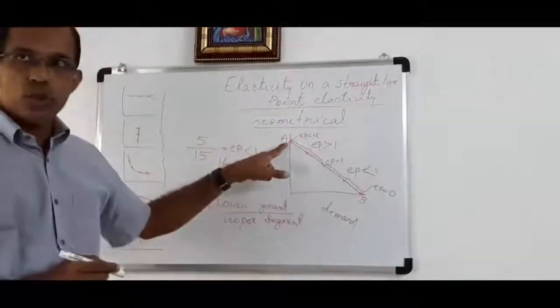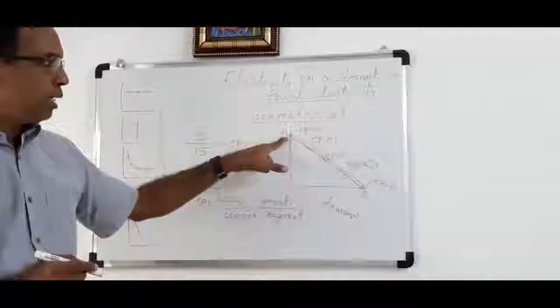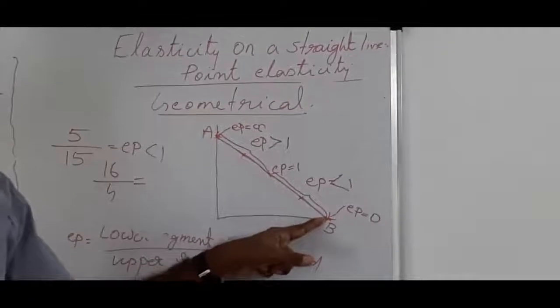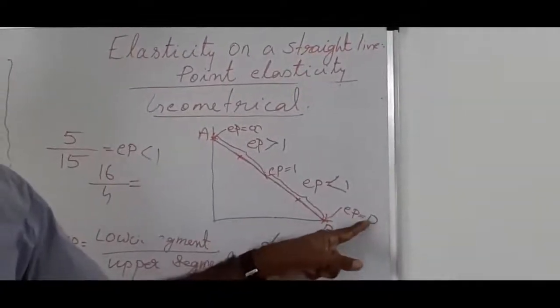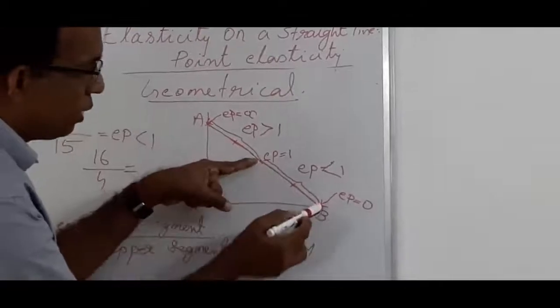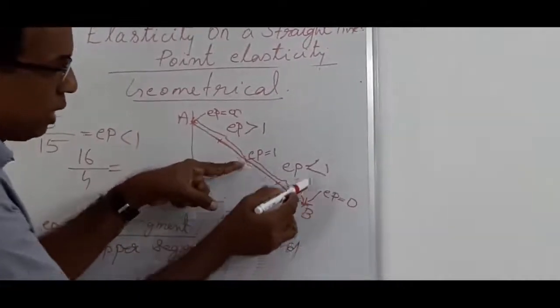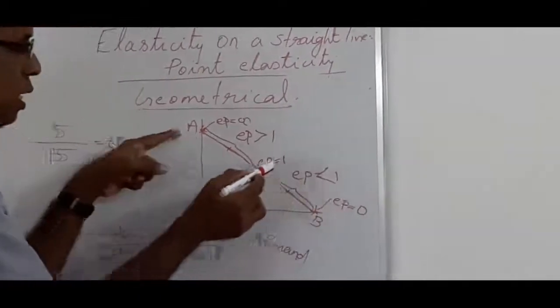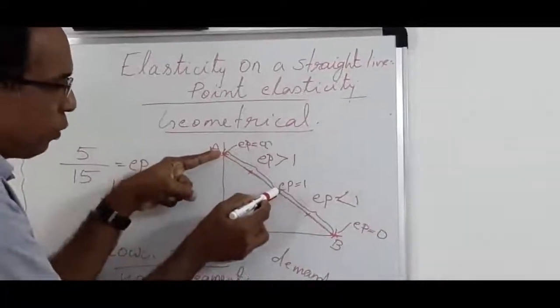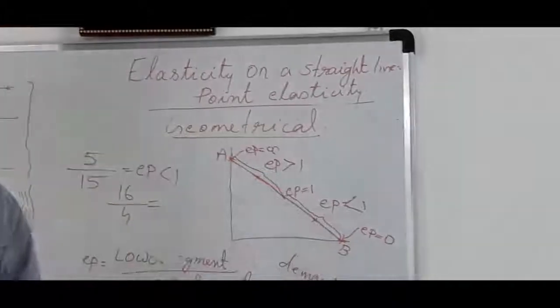At the point that joins the y-axis, elasticity is infinity. And at the point that joins the x-axis, elasticity is equal to 0. Any point between the midpoint and the point that joins the x-axis, elasticity is less than 1. And any point between A and the midpoint, elasticity is greater than 1.